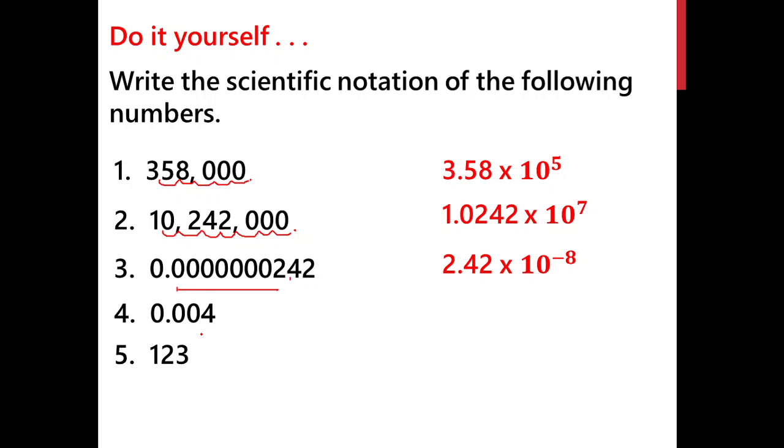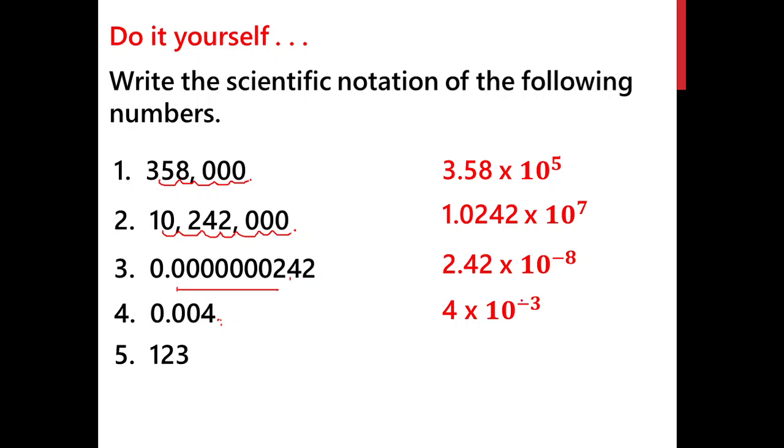Okay, next is 0.004. Since there's no more non-zero digit here, we need to transfer the decimal here. Then the result would be 4 times 10 raised to the power negative 3, because our decimal is located already here. And then from here, count the number of places going to its original position. So that's 1, 2, 3.